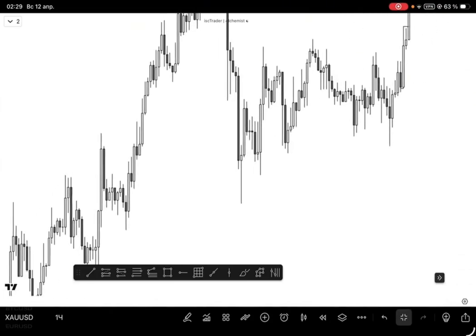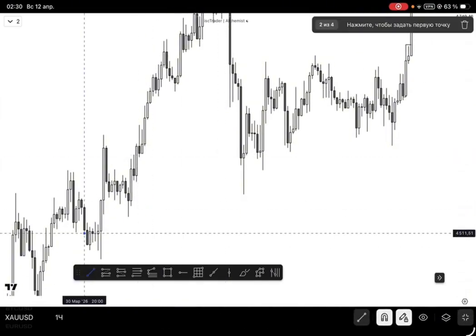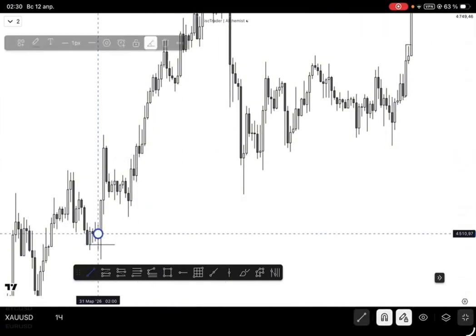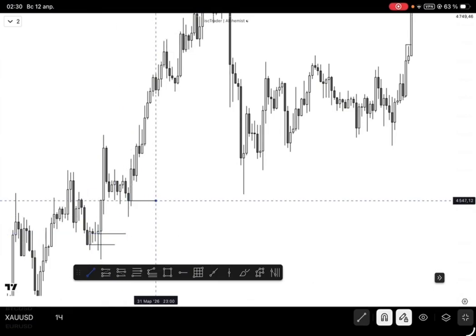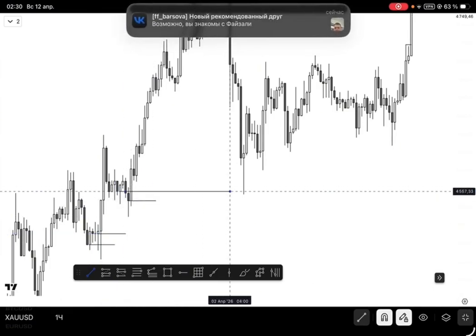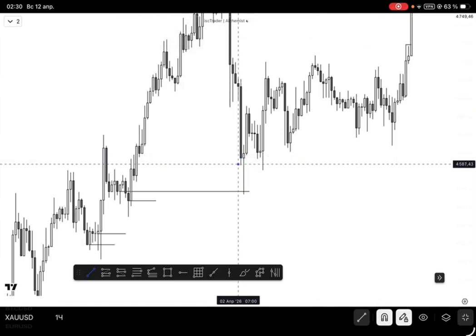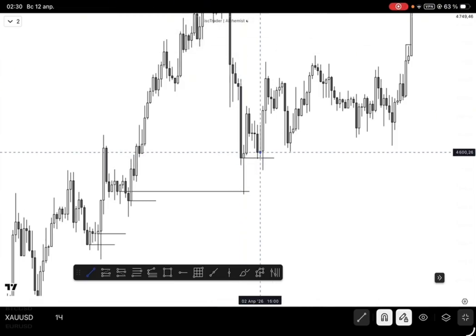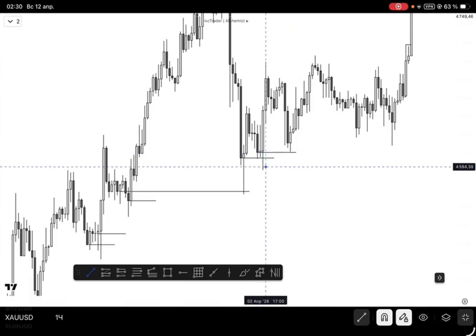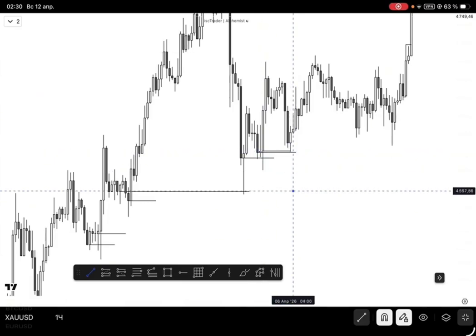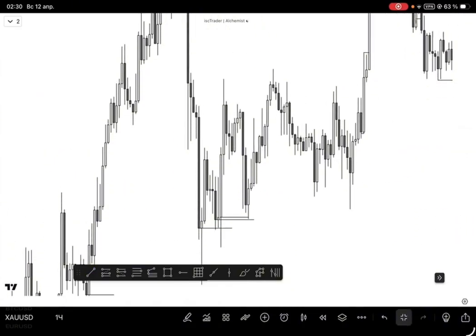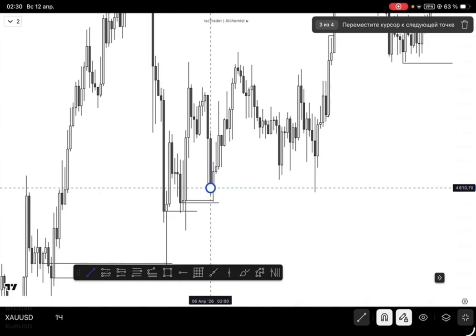Zones. Support, support, support this. Support, another support zone, meaning this is an open candle level. Then another support.